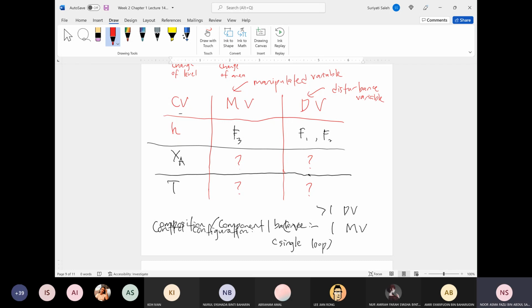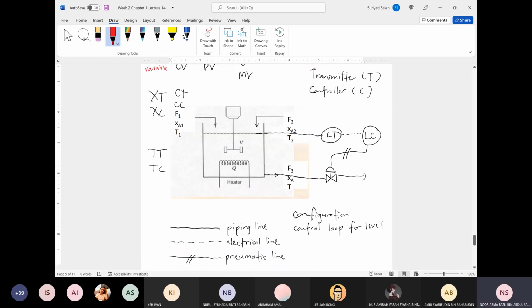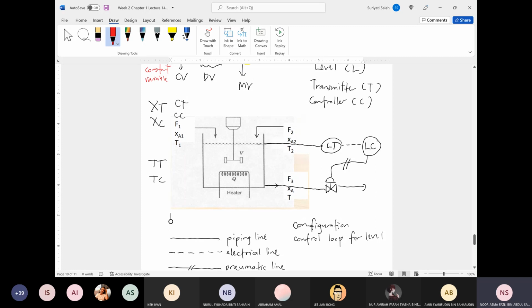Once you complete this, you need to draw the configuration control loop for both XA and T. That is the exercise for you to complete, and we can discuss it next Monday.